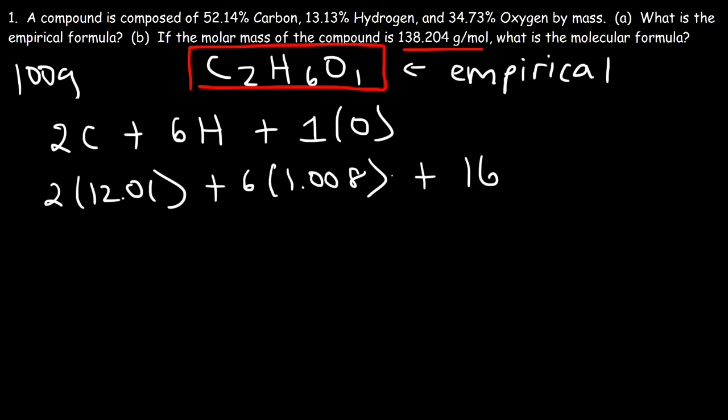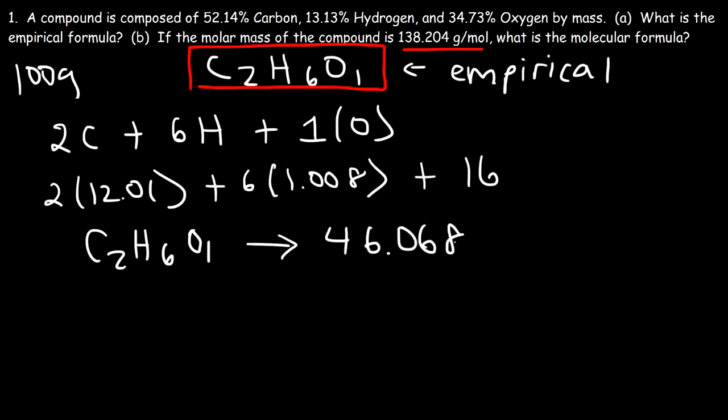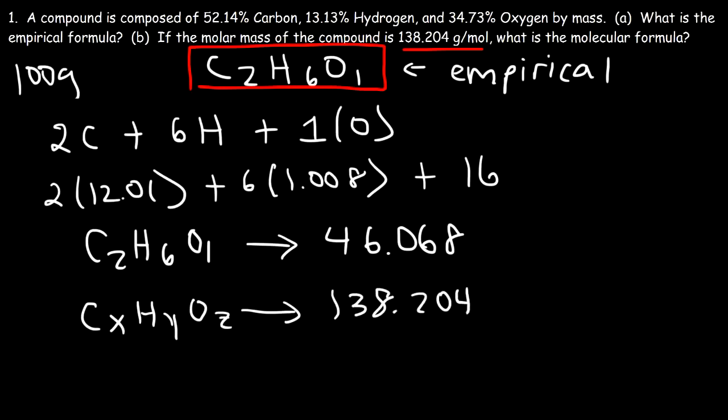So the molar mass of C2H6O1 is 46.068. So now we need to know what molecular formula corresponds to a molar mass of 138.204. So what you need to do is take the larger number and divide it by the smaller number.